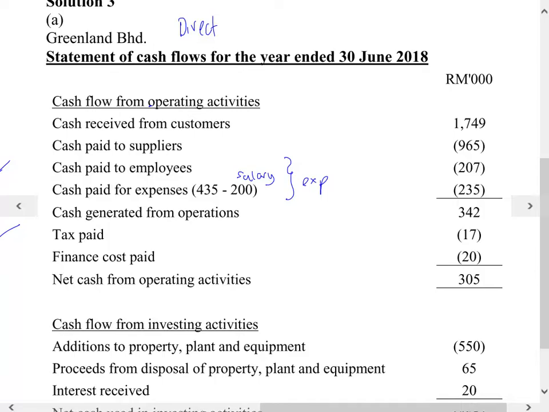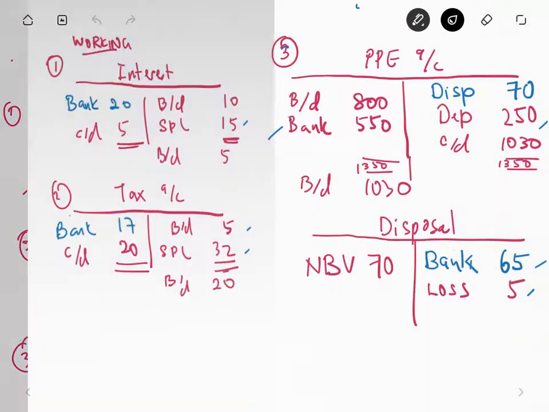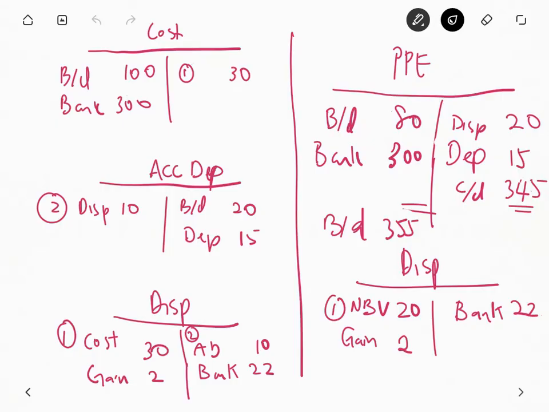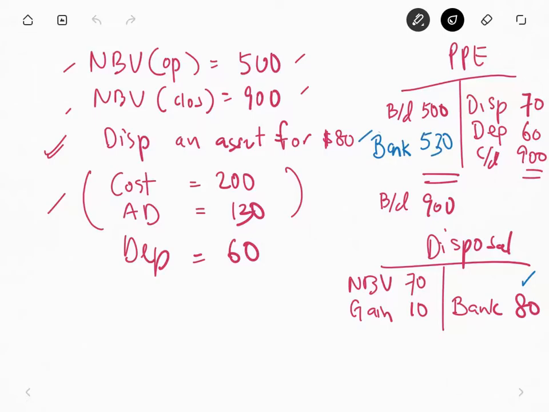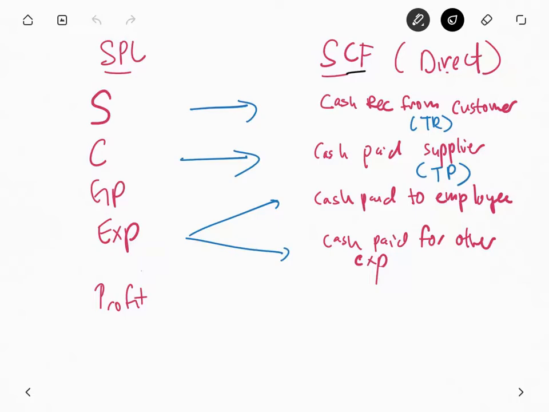Why do we call it direct method? How to memorize in case it really comes up? Think of SPL. Direct method, the format, you think of SPL. We know SPL, we start with sales, cost of sales, gross profit, expenses, profit.